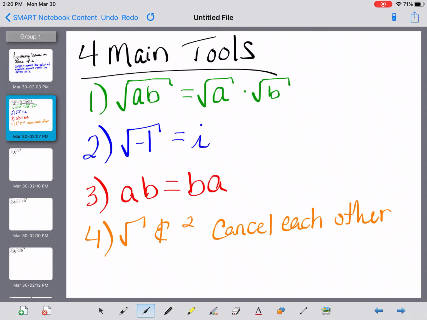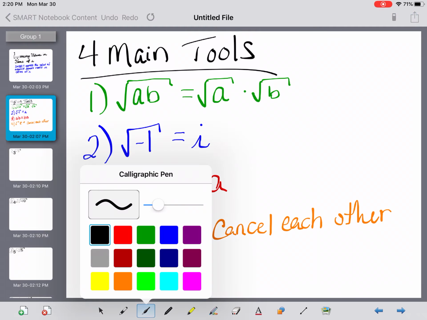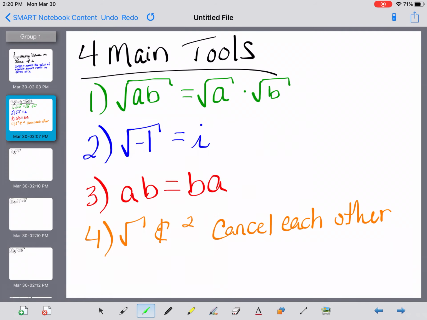We have four main tools that we're going to be using. One states that if we have the square root of some number that has different multiples, we can split it up. We can also go the other direction too. If we had the square root of a times the square root of b, we could multiply a times b and put it under one radical, or we could go the other direction.